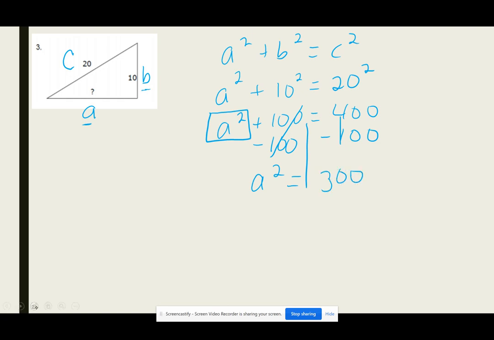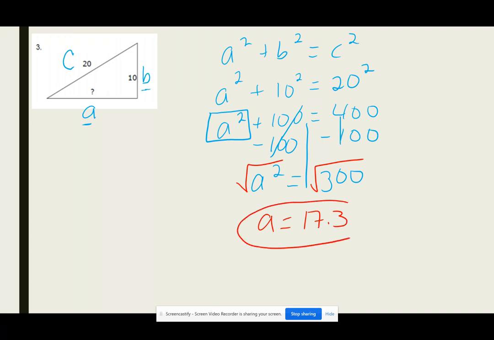And then our last step is to remove that square by taking the square root. So A equals 17.3. And you can round these to the nearest tenth, or you can round them to the nearest hundredth. That's fine. This problem, they didn't tell us how to round it, so I just went to the tenth.